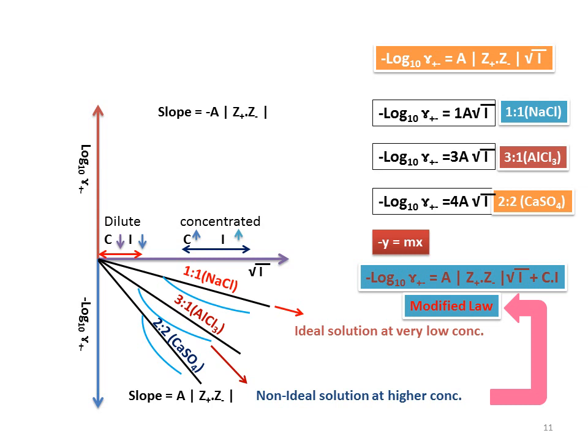For non-ideal solutions at higher concentrations, we have a modified law in which we have added the C term. The equation is minus log gamma positive negative to the base 10 is equal to A mod Z positive into Z negative mod square root of I plus C into I. C is concentration and I is the ionic strength. So we have added something, so it is a modified law. It is also called a limiting law.